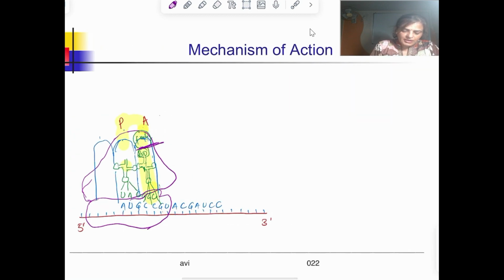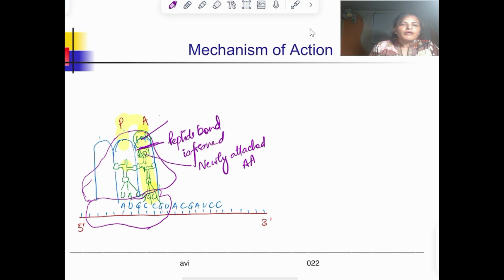Here the peptide bond is formed between the newly attached proline, a newly attached amino acid, and formyl methionine, the previous amino acid. So this peptide bond formation is there.